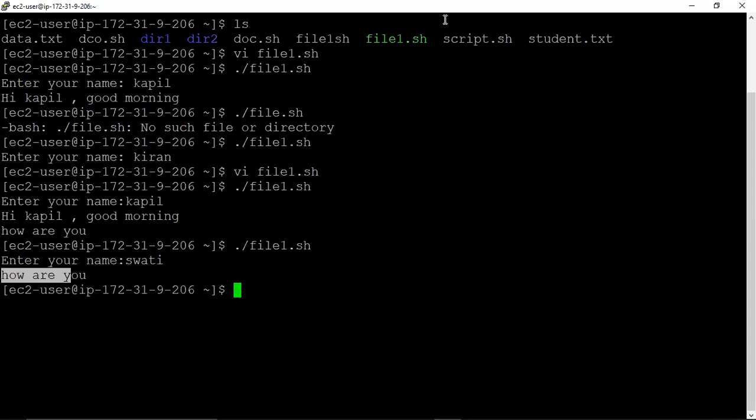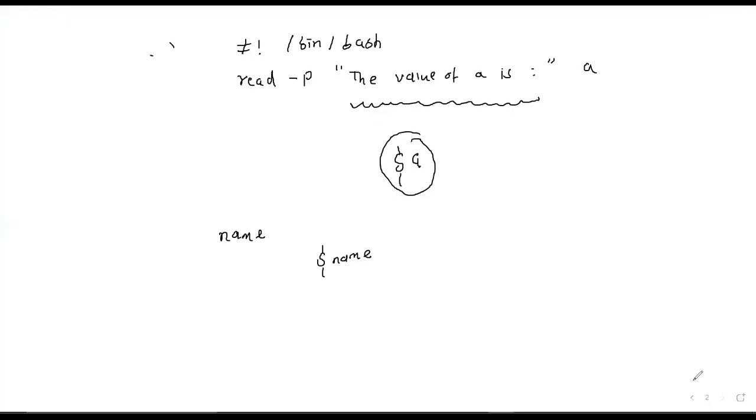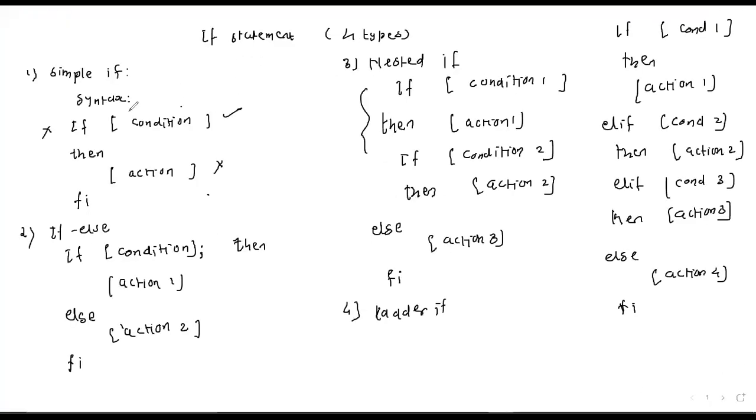Already I have told you there is only one action. See, there is only one action. This action takes place if this condition is true. In this case the name was Kapil, so that's why we got this action.